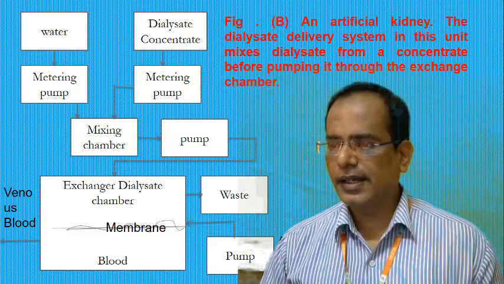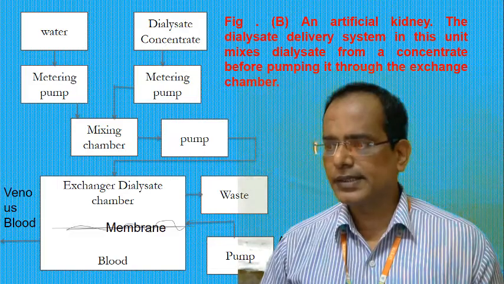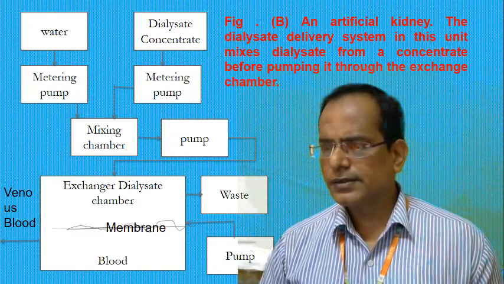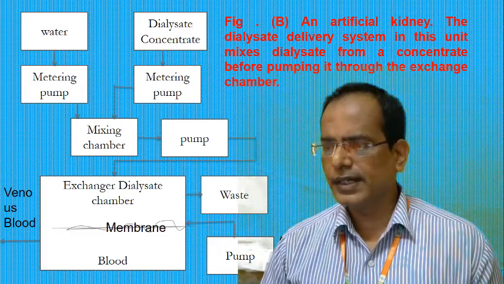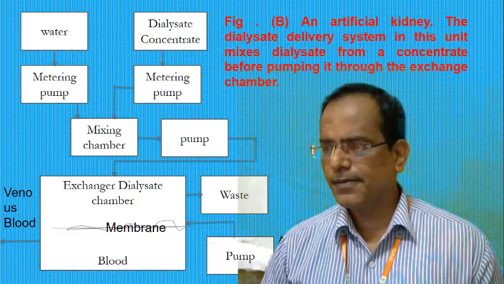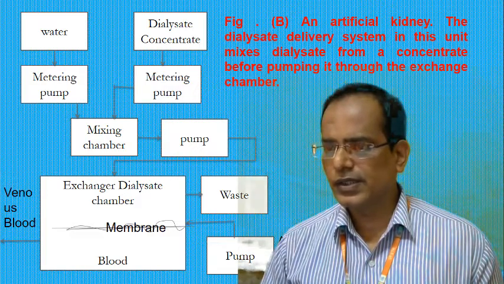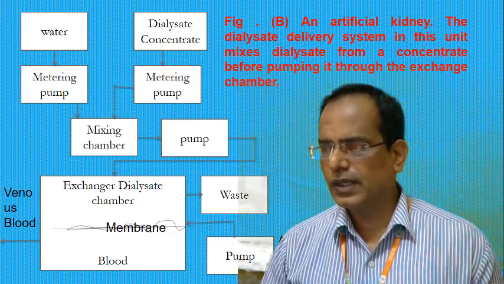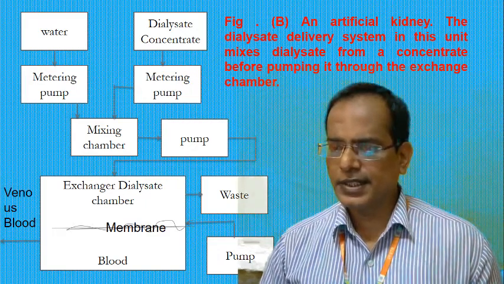Either it is prepared in a batch and pumped through a dialysis chamber, or, in a particular application in which a large amount of dialysate is used, a concentrated solution of solute is made and automatically mixed with pure water to achieve the correct concentration.